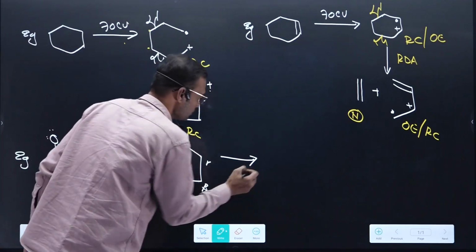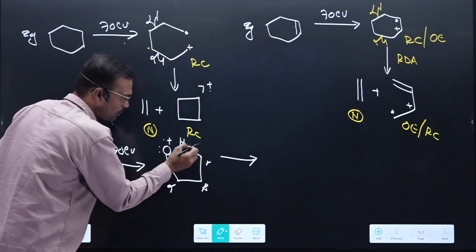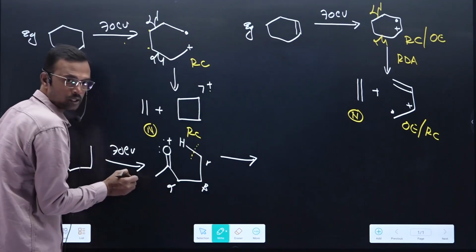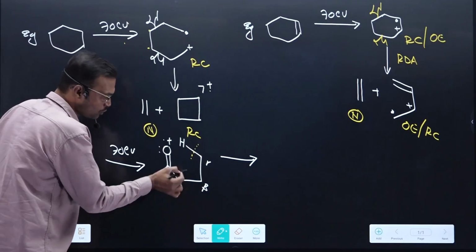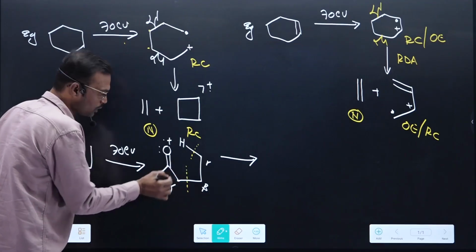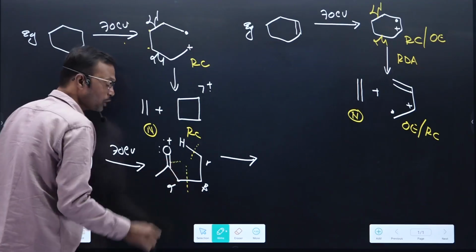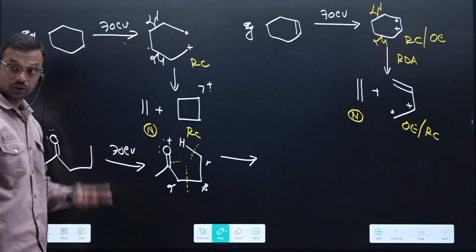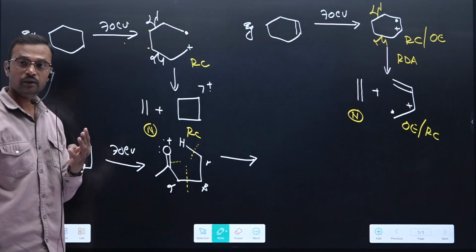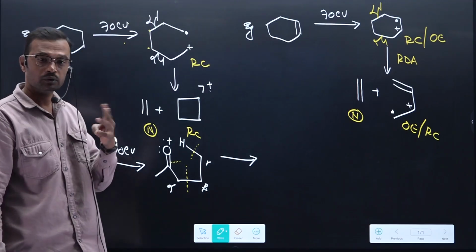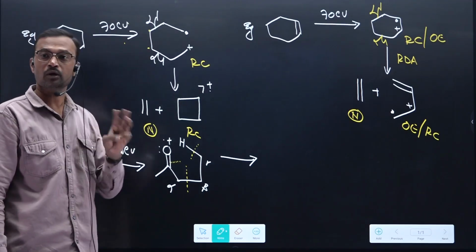See this. This carbon hydrogen is called gamma hydrogen. Homolytic or heterolytic? Homolytic. Equally I am breaking. Here also equally. Homolytic. Here also homolytic. How many homolytic fissions am I doing? 3. At a time 3. Now the question is, sir, how can you come to know whether 3, 4, 5, 6 is possible or not?